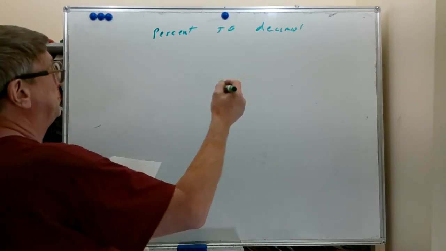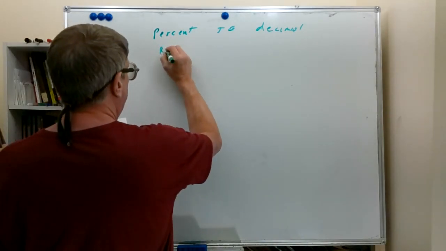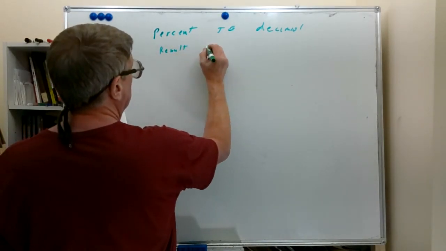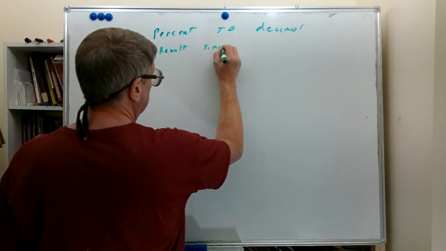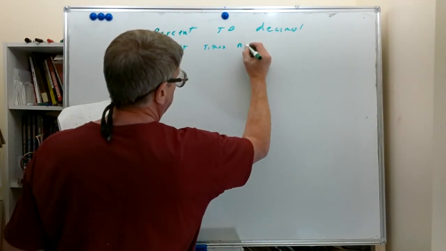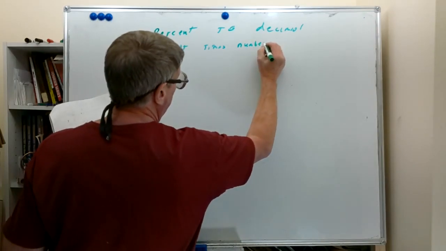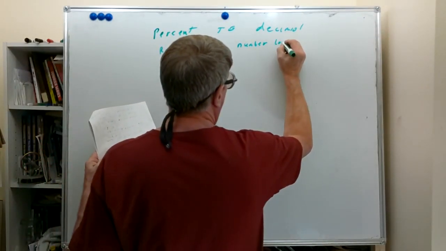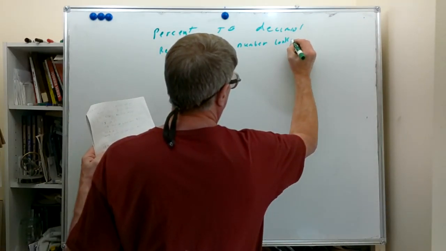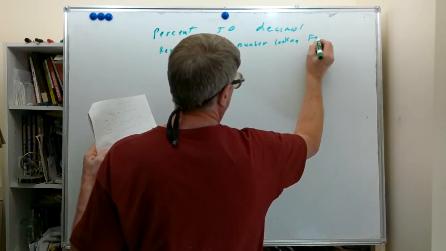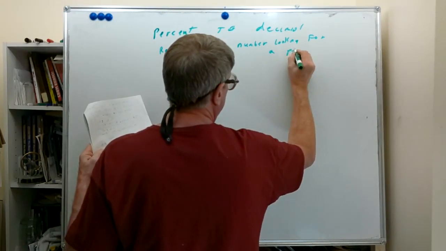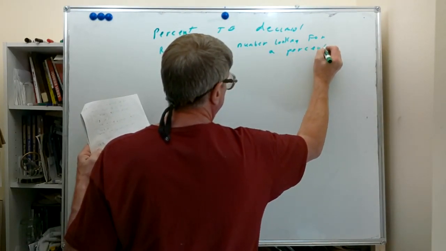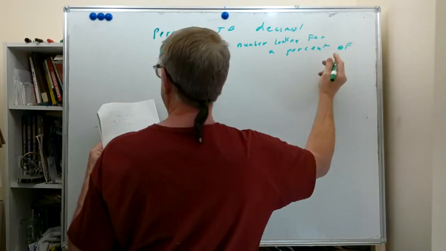Then you want to multiply that result times the number you wish to find the percent of. So let's do a few examples of that.